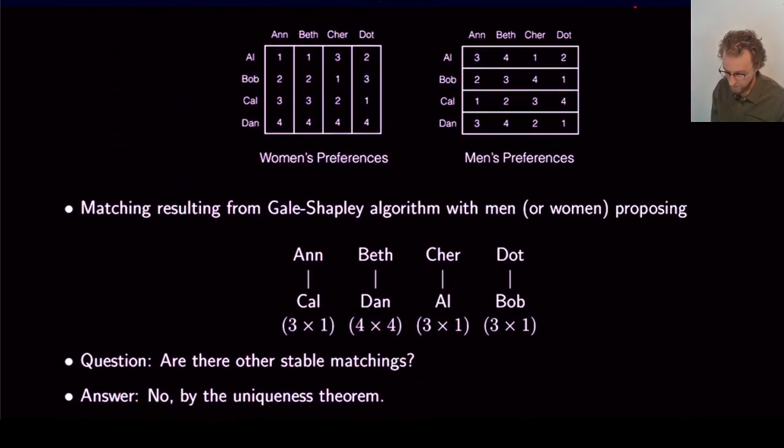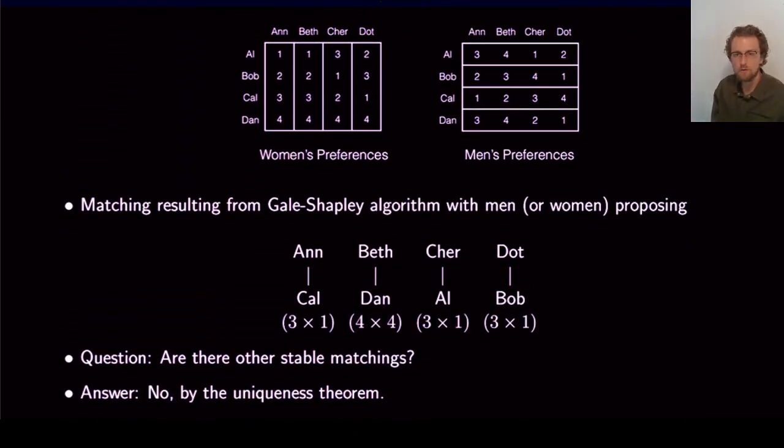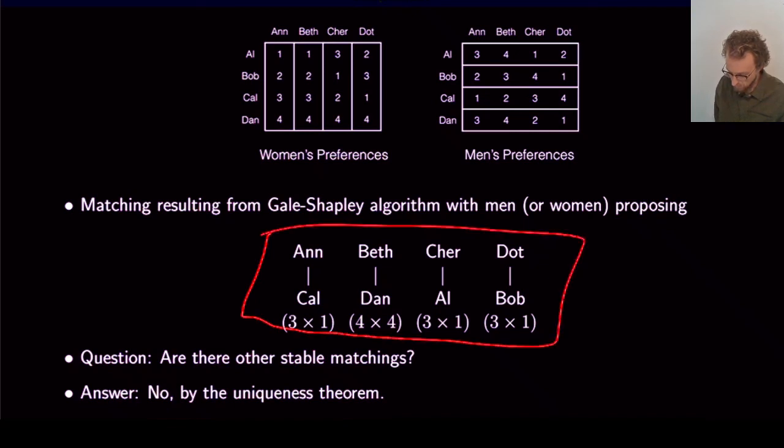So if we look at the preferences from Monday, from the previous video, that's what these are depicting here. We ran the Gale-Shapley algorithm twice on this, just as an example of how to run it. The first time we ran it with the men proposing, the second time with the women proposing, and we came up with exactly the same output in either case.